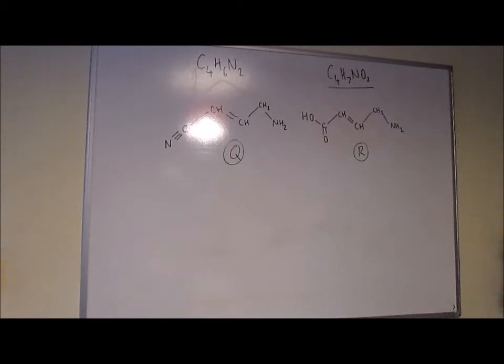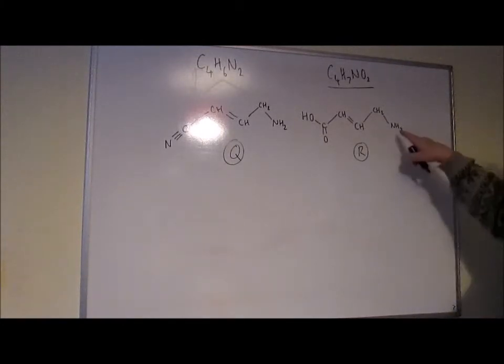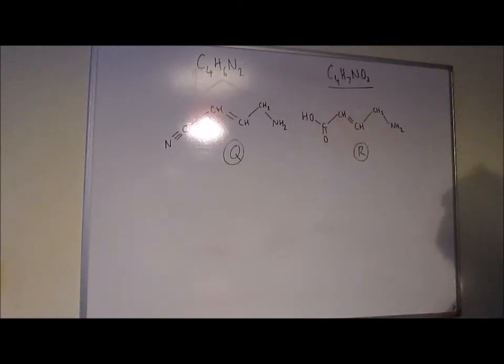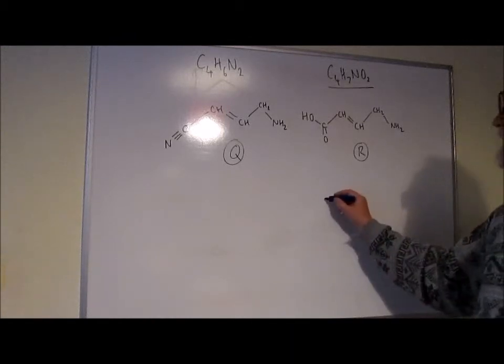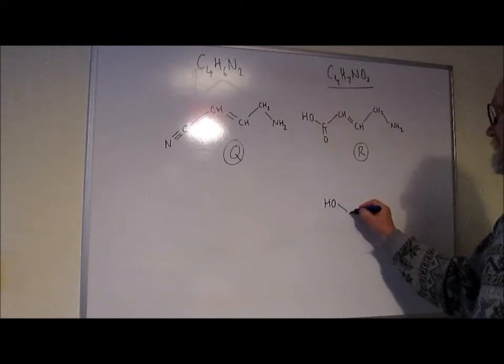Now, as I said, there are other possible answers to this question, because so long as you have these three functional groups in compound R, then they don't necessarily have to be arranged like that. So there are actually quite a few possible answers.